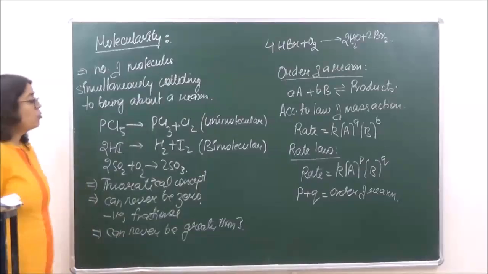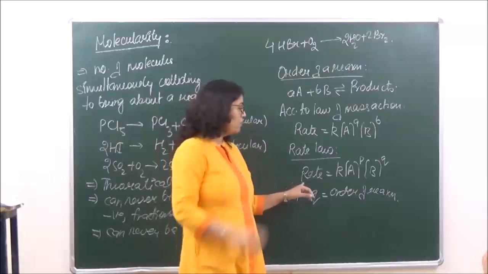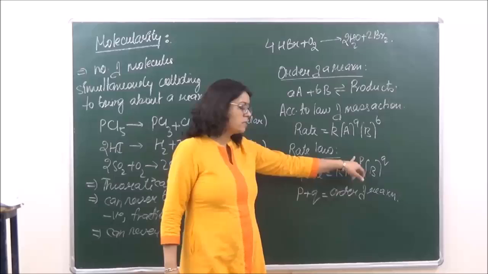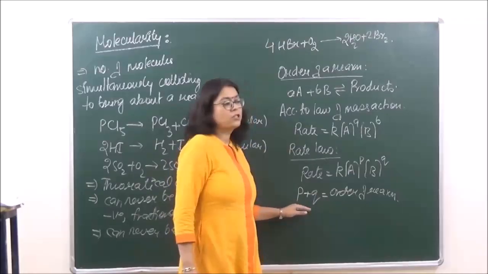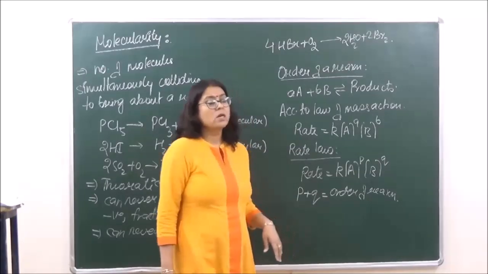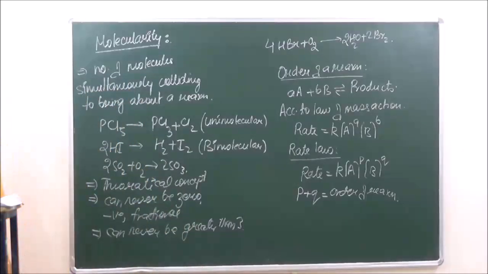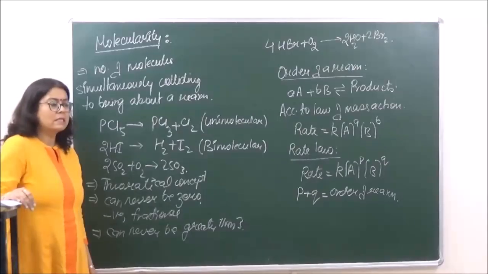Clear? When we are talking of different reactants over here, we say that the order of the reaction with respect to A is p, the order of the reaction with respect to B is q, and the total order of the reaction is p plus q. Because the rate of the reaction varies differently with different reactants.